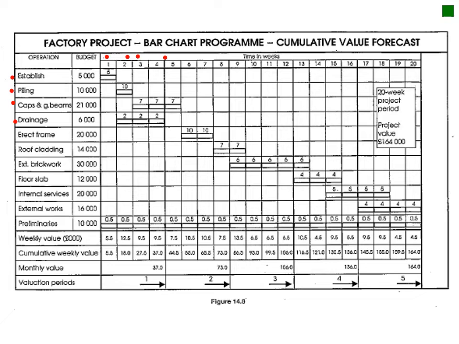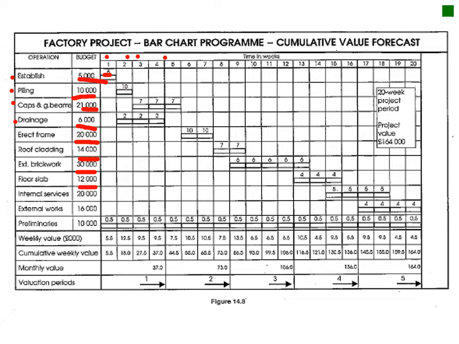And very simply, you just allocate your expenditure. In your first month, you would do or spend about 5,000 rands worth of work. Your piling is 10,000. The budget, your pile caps is this, drainage is this. This is now according to your quoted price or your BOQ.